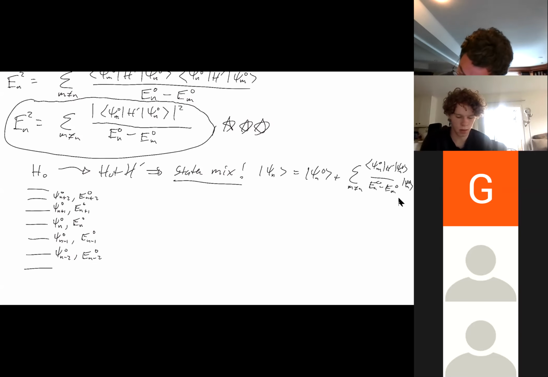So this is the amount of mixing. I talked about this formula last time and tried to give you some intuition about that. So that's the mixing of all the states.